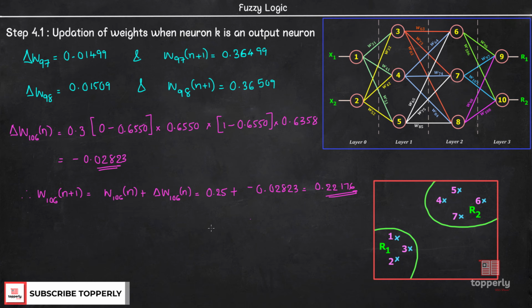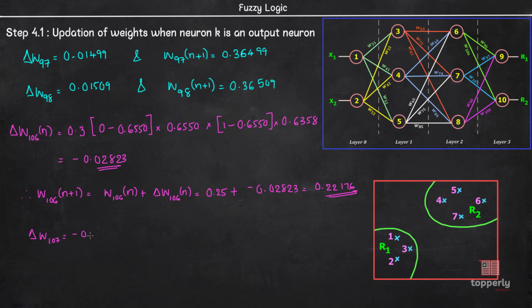Similarly, delta W107 is equal to minus 0.02847.